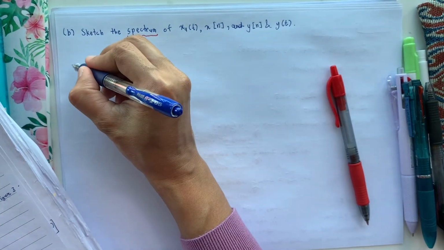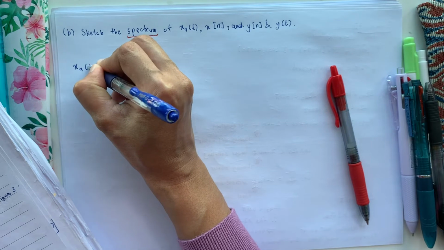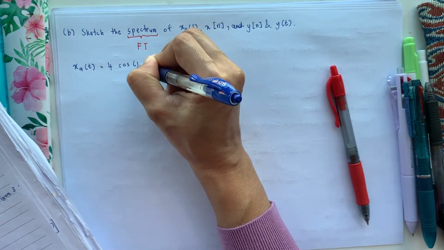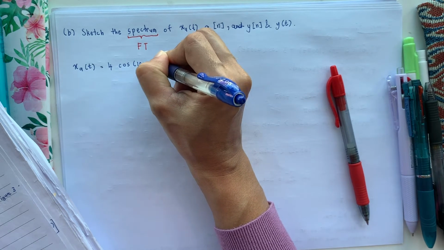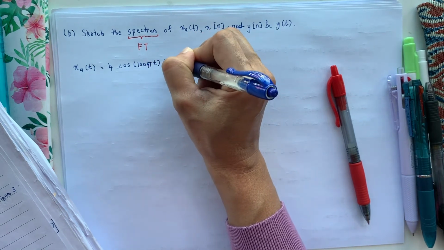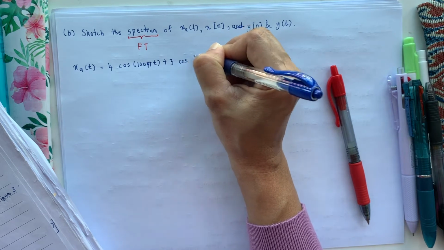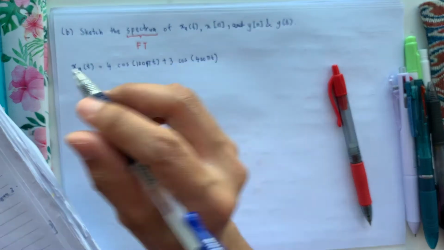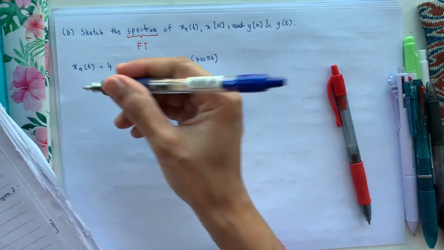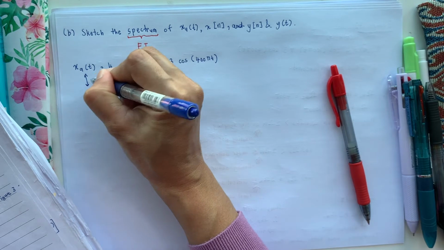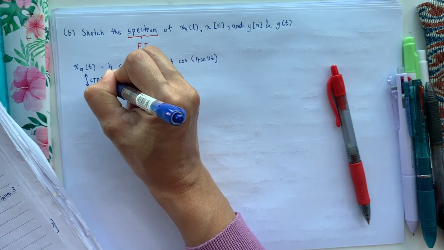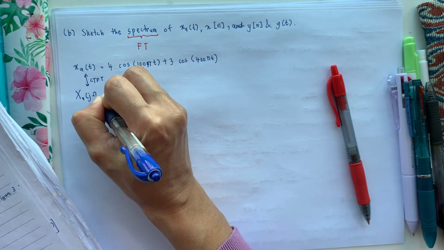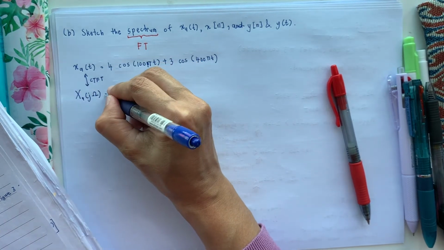So first we look at s(t). You need to find the CTFT of s(t). The CTFT of s(t) is S(jω).